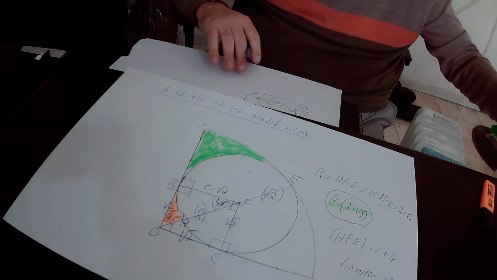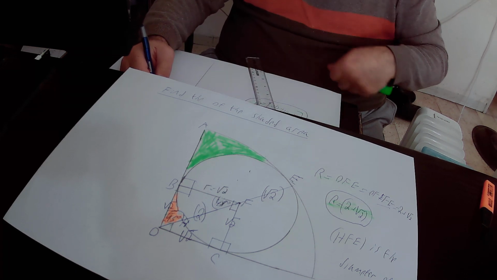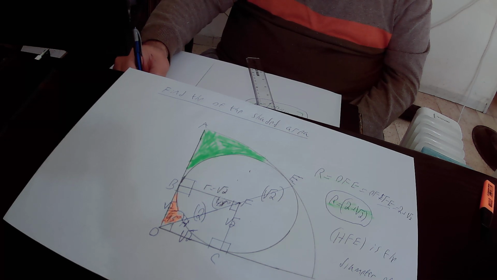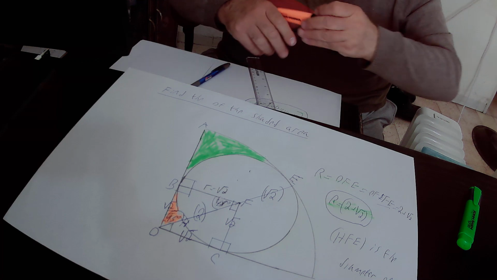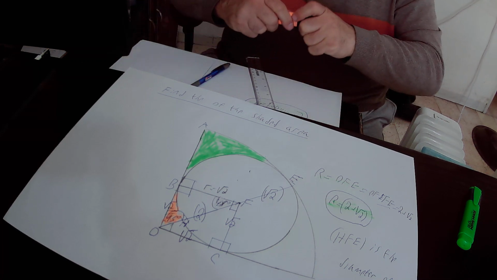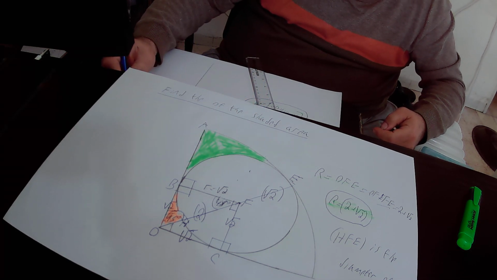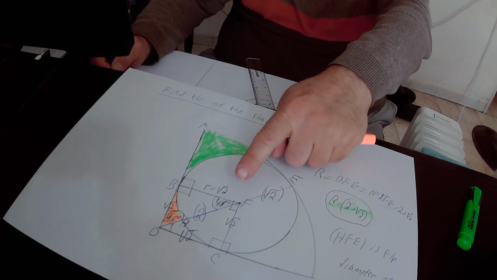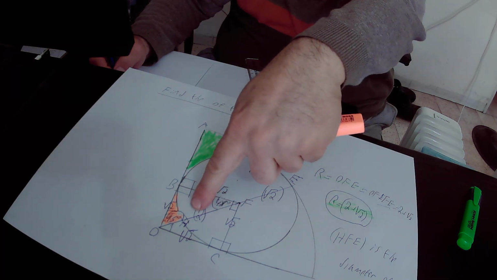The area of the orange shape BHO is equal to the area of triangle BFO minus the area of the small sector BFH. This small sector BFH.